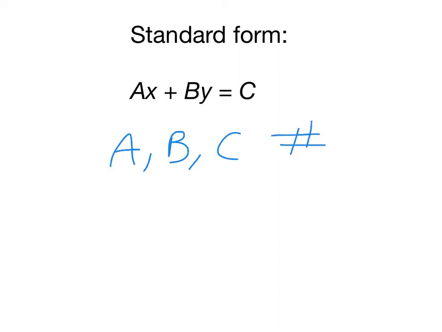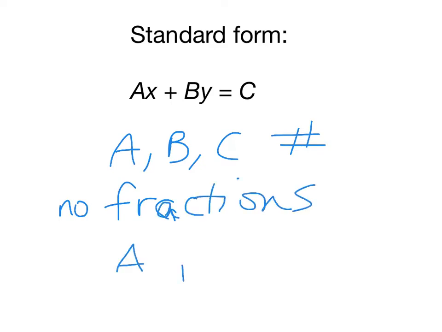Now, what's special about the standard form is standard form can have no fractions, and the A term has to be positive. So if you're converting from, say, slope-intercept form to standard form, and let's say your slope was a fraction, you would just have to multiply all the terms by the common denominator to clear it.